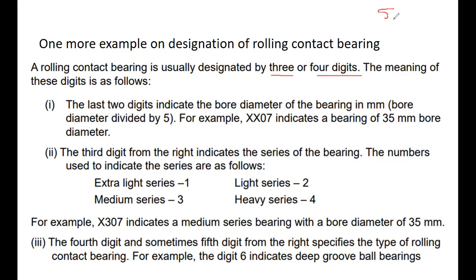We also saw the example of 5 digits or 6 digits in the case of the cylindrical roller bearing, right? So every number has a meaning. The last 2 digits indicate the bore diameter. Then from your right, the third digit indicates the series, and the remaining digits indicate the type of the bearing. So in a nutshell, these things are asked.